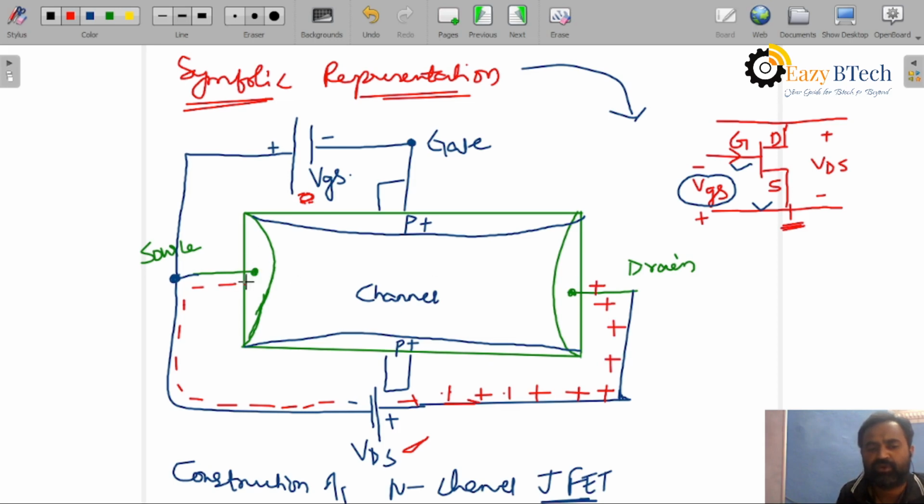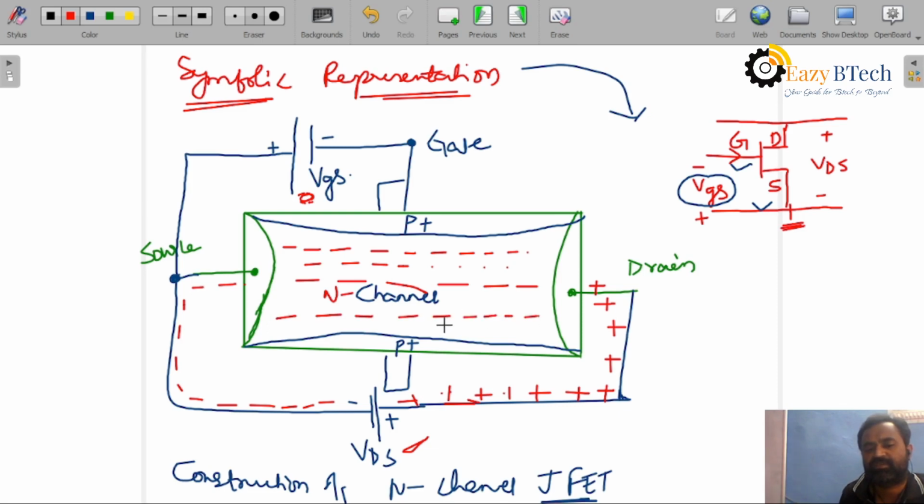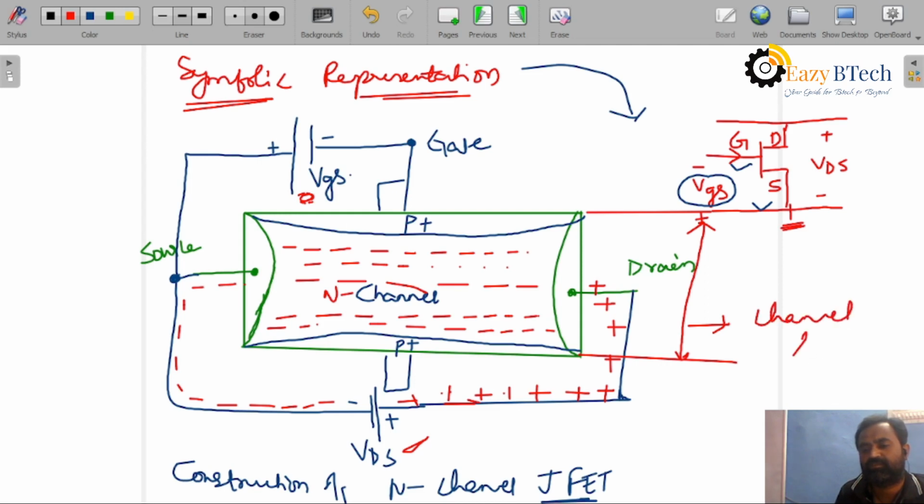Due to this n-type material, all the electrons are moving in this direction. Is it clear? From here to here we'll call the channel length.